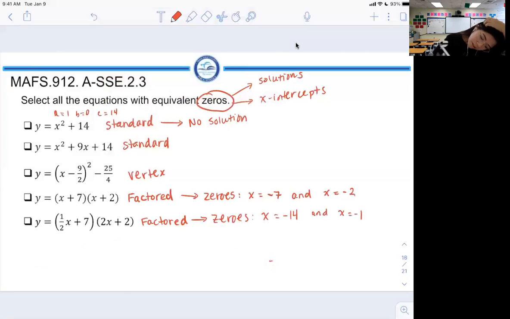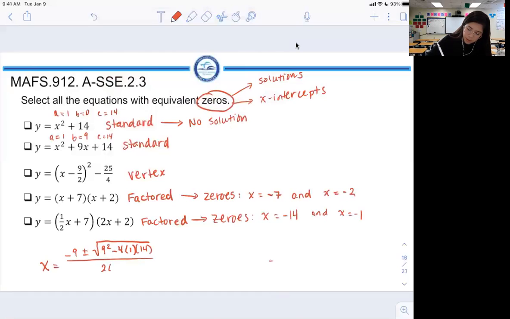Answer choice B. We know A is 1, B is 9, C is 14. All right. Here we go. X equals negative 9 plus or minus the square root of 9 squared minus 4 times 1 times 14, all over 2 times 1. 9 to the power of 2 is 81.